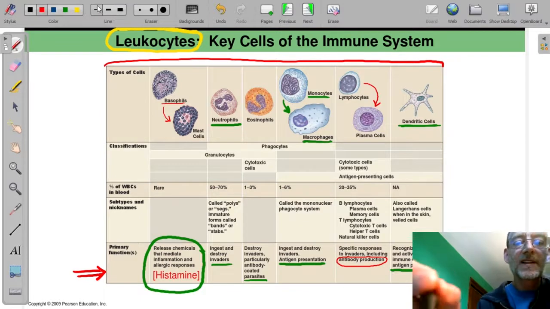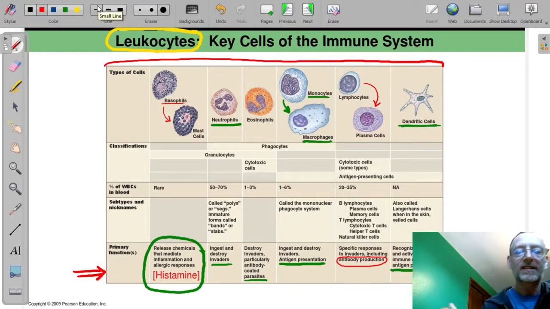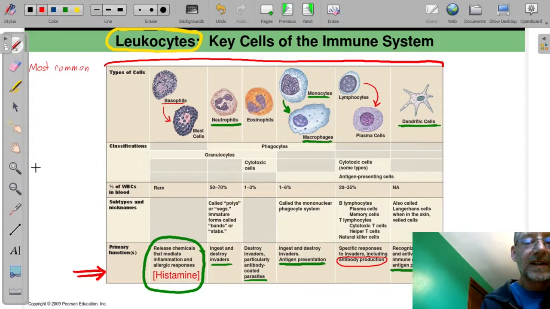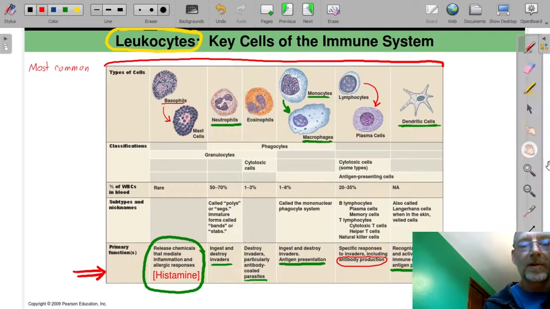There are 5 major classes, and I'll just list them from most common to least common. And then I'll give you the mnemonic for remembering them. So most common are the neutrophils.